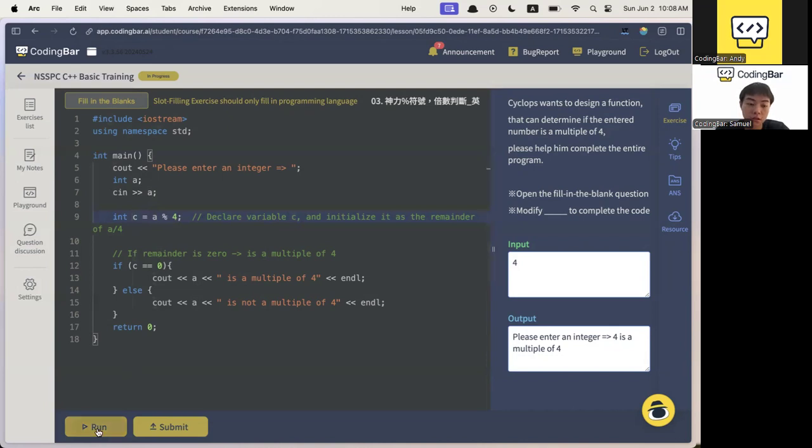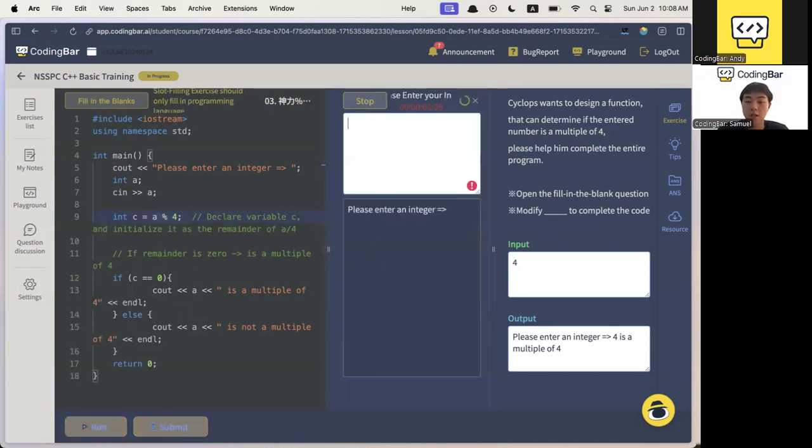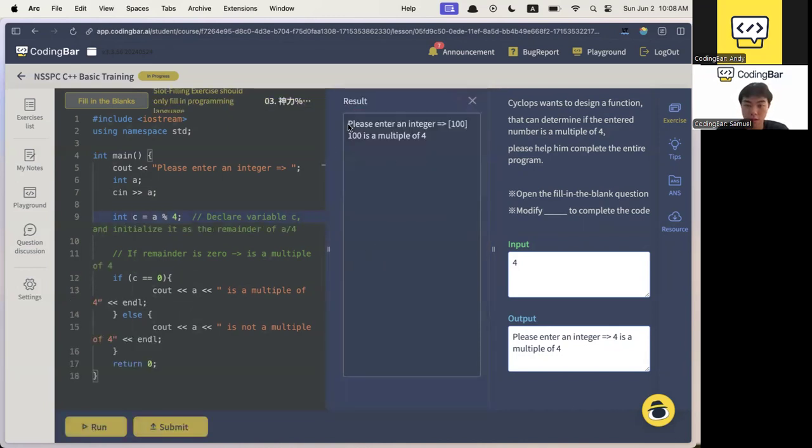Okay. You can try running it. So for example, 100. If it is 100, this will be executed because C equals 0. The remainder of 100 divided by 4 will be 0. So this will be executed, as you can see here.